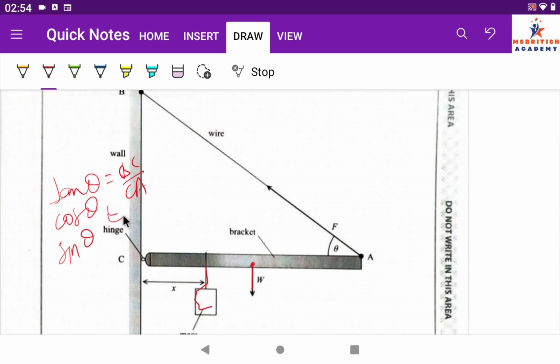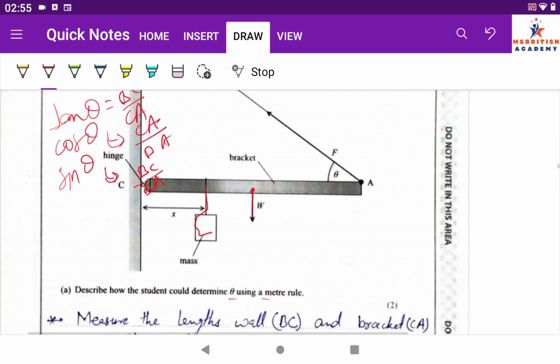If you want to use cos theta, you have to measure the length of CA divided by the length of BA. And if you want to use sin theta, you measure the length of BC divided by the length of BA. Okay. You can use any one of the three for finding theta.